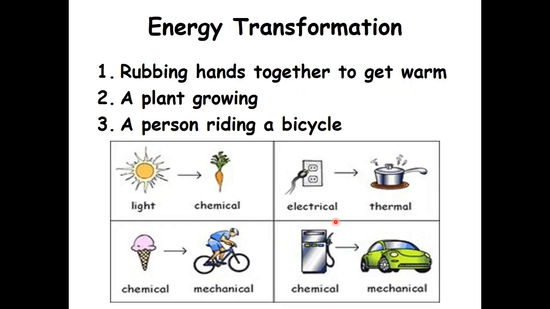So let me give you some examples. Right now it's really cold, right? When your hands get cold, you rub your hands. This is mechanical energy when you're rubbing your hands, and it turns into thermal energy. You turn it into heat, right?